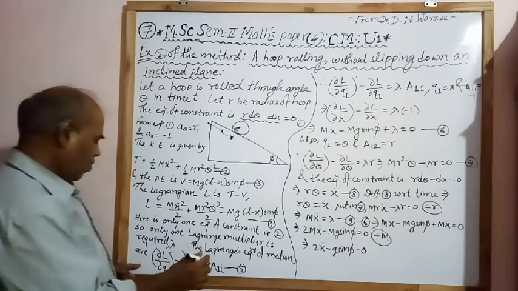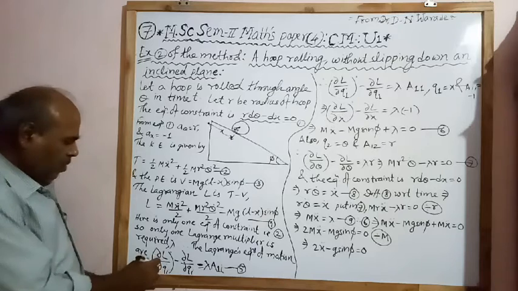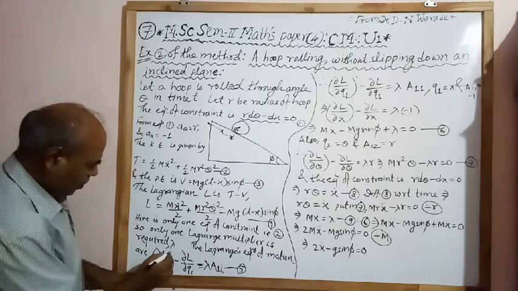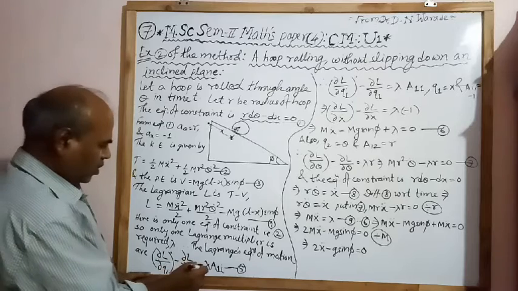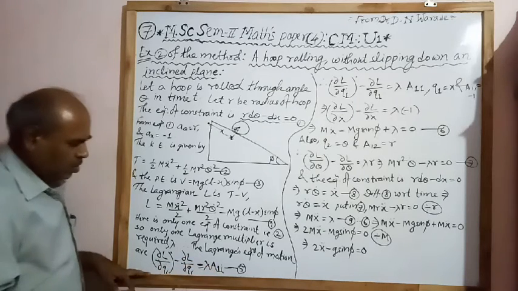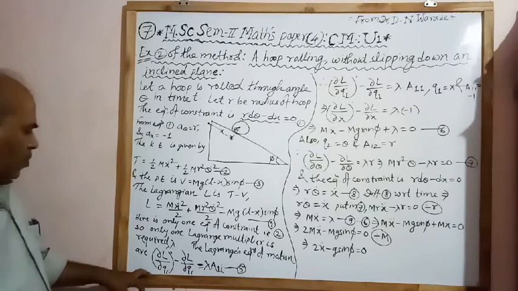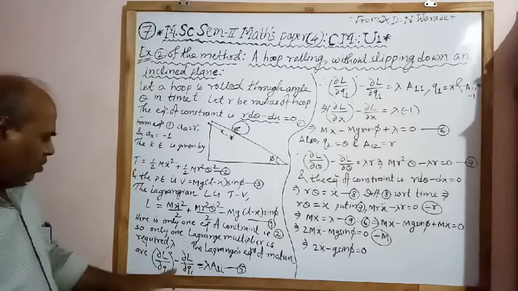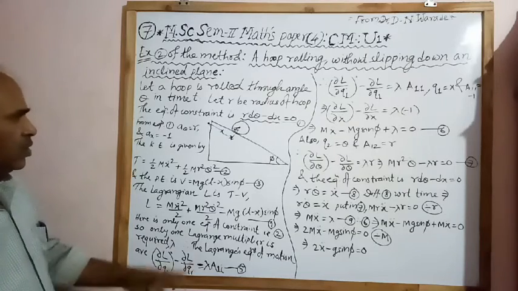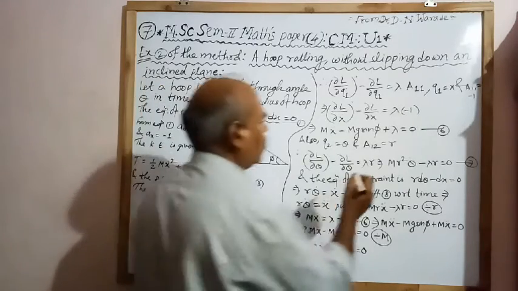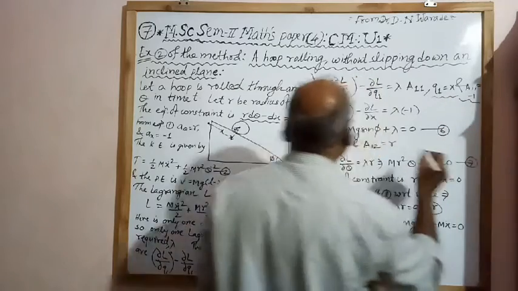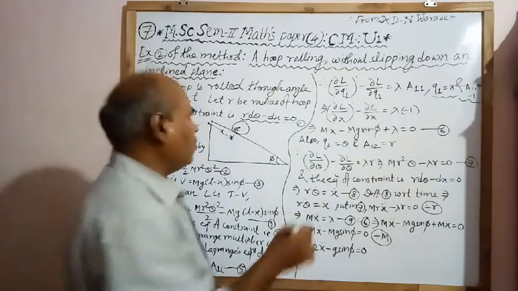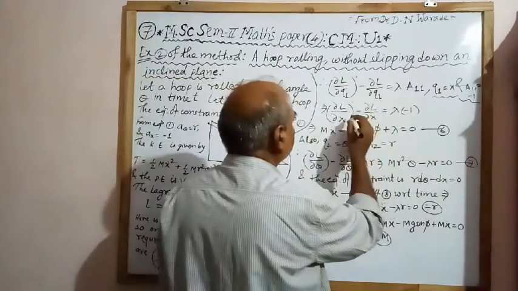Therefore, the Lagrange equations of motion are d/dt of del L by del q_i dot minus del L by del q_i equal to lambda into A_1i. We put i equal to 1 to get the first equation, then i equal to 2 to get the second equation. Therefore, we take q1 equal to x and A11 equal to minus 1.